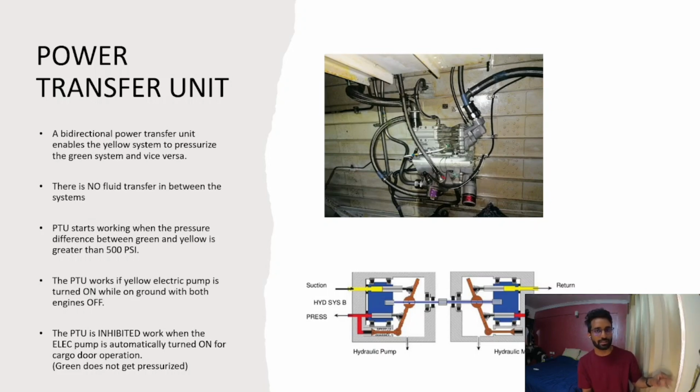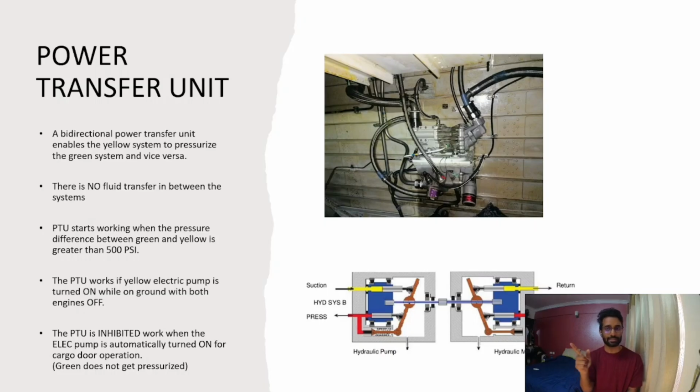Because engine 1 is turned off. So now the PTU will detect that 500 psi difference and it will transfer from yellow to the green. So if you turn on the yellow electric pump on the ground, it will pressurize the yellow system and the green system via the PTU.